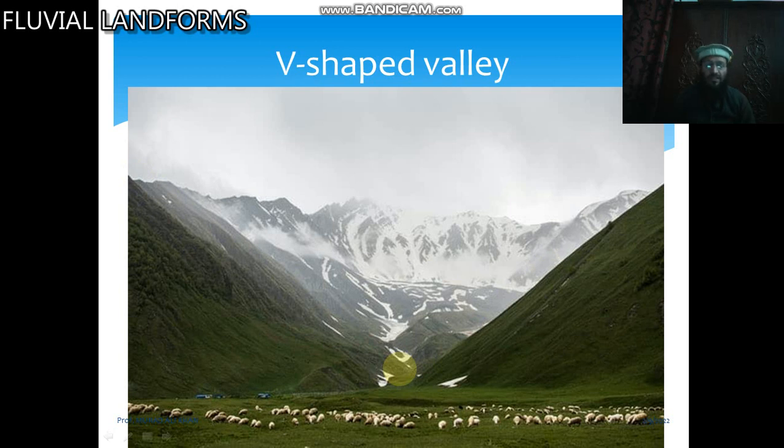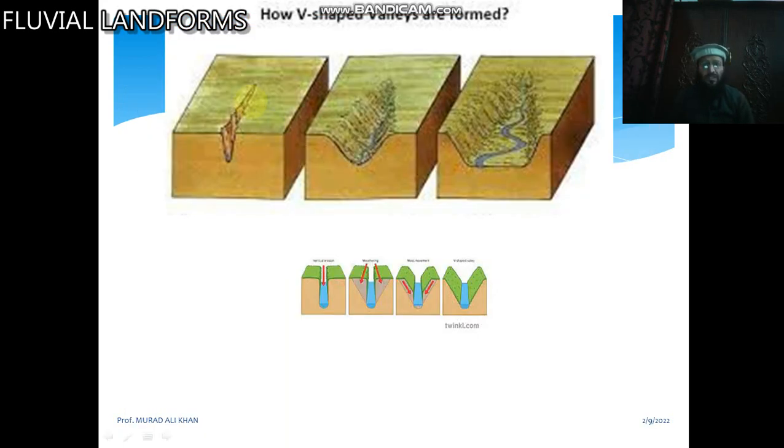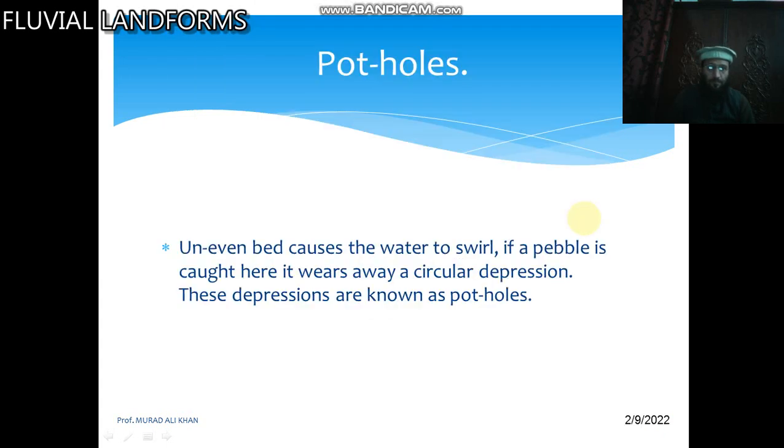So these are some of the erosional landforms of a bigger scale of the river in the early stage. Now here you can see this is a gorge, this one is a canyon, and this one, after a bit of deposition, is a V-shaped valley.